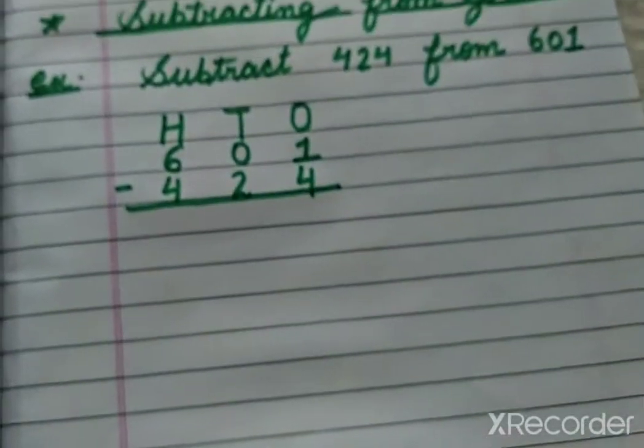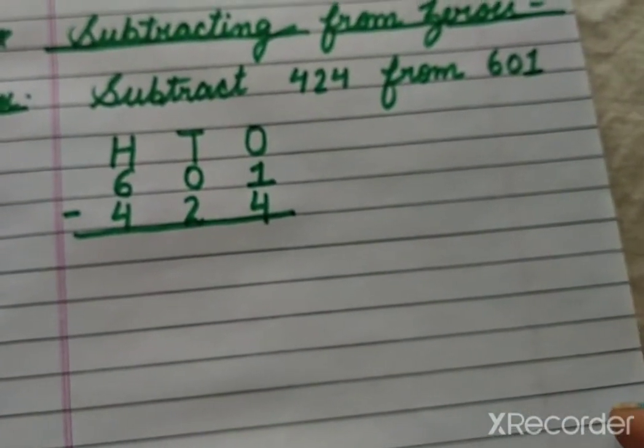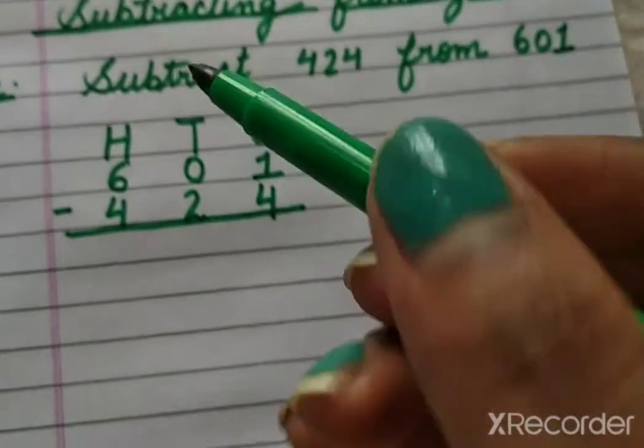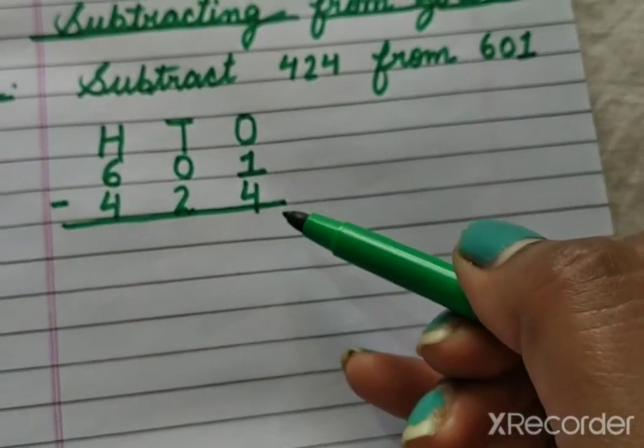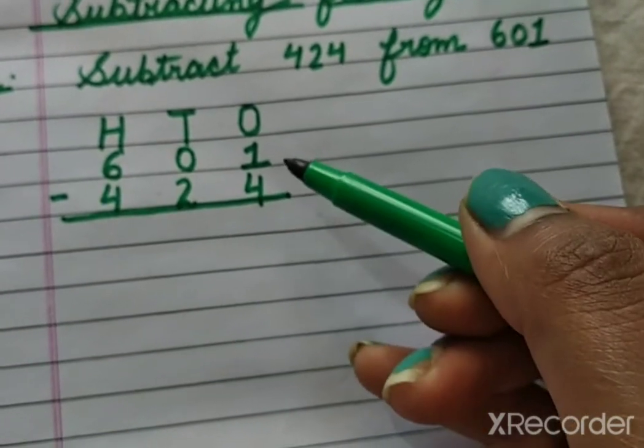Okay. Now children, first we subtract the ones place. So 1 is a smaller number, 4 is a greater number, so it cannot be subtracted from 1.